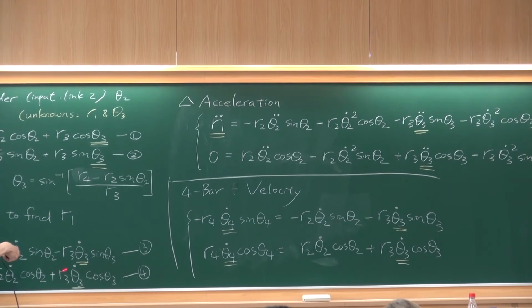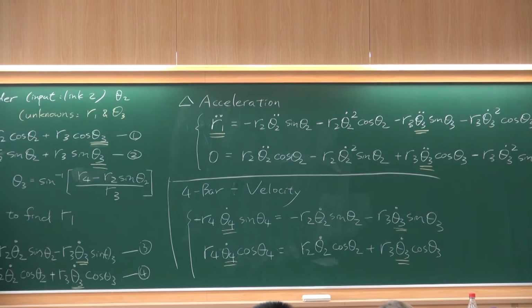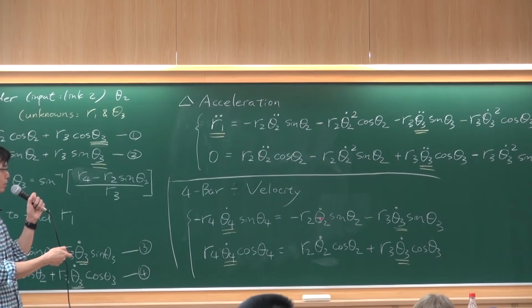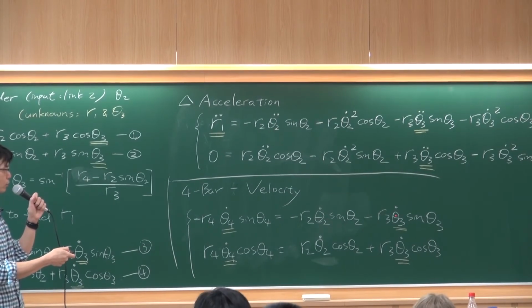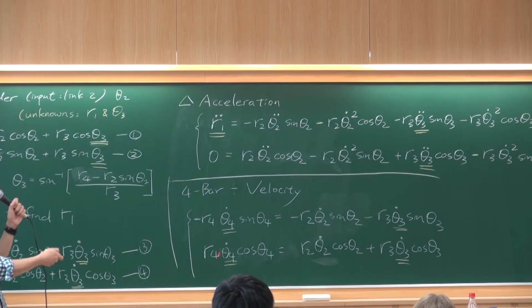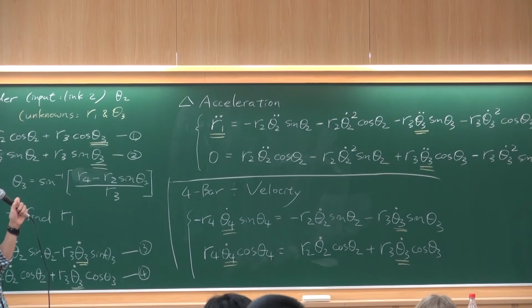Similar to the previous case, when you do the time derivative for these two equations, you obtain two new equations for the velocity. For this case, the input is theta 2 dot, and we are trying to find theta 3 dot and theta 4 dot. So you still have these two equations to solve for these two unknowns.